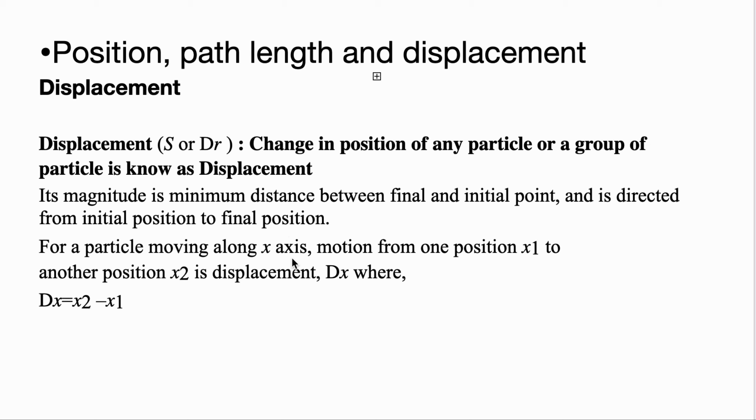For a particle along the x-axis, motion from one position x1 to another position x2 gives displacement dx, that is x2 minus x1. That is actually displacement, not total displacement.